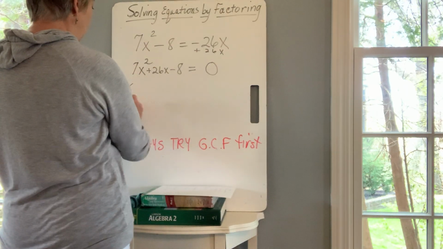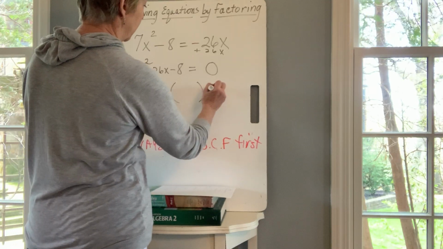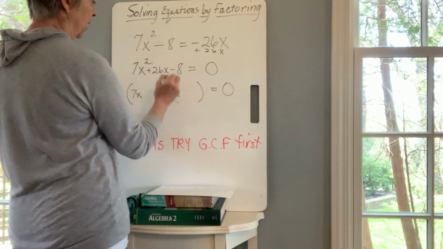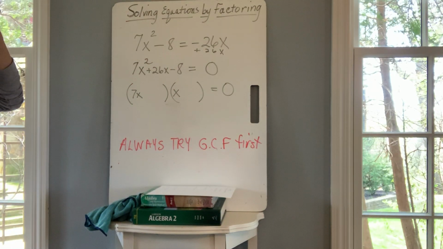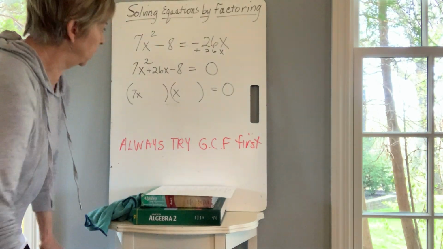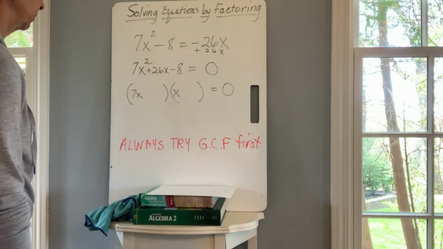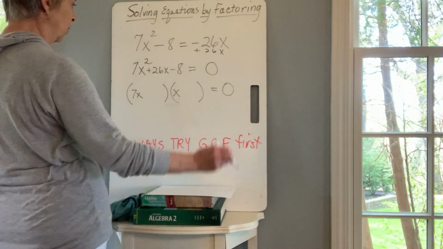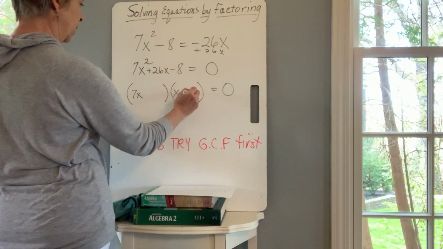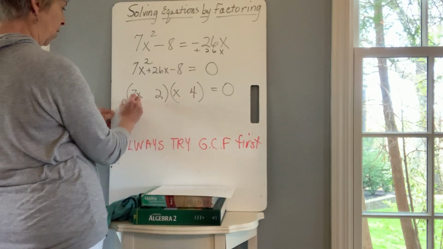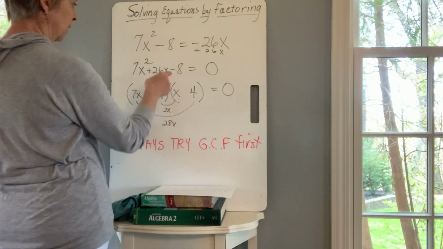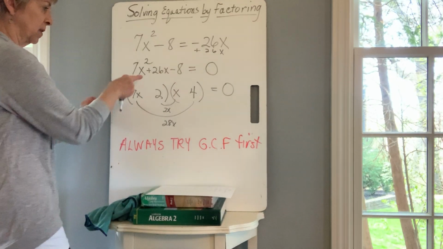So now I go ahead and I try to factor this. Now 7's prime, so that makes it fairly easy. 7 and 1. 8's a little trickier because I could be using 8 and 1 or 4 and 2. But I think some of you guys might be sharp enough to realize that 4 times 7 is 28. And if I put 2 there, that's going to give me 28x and 2x. Because that's negative, they have to be different signs.